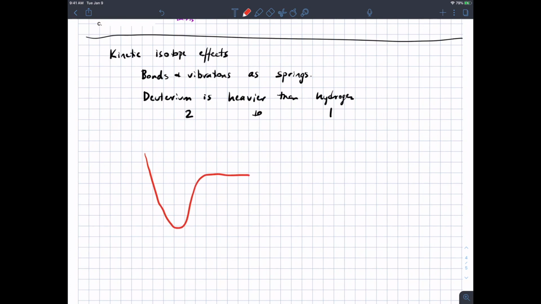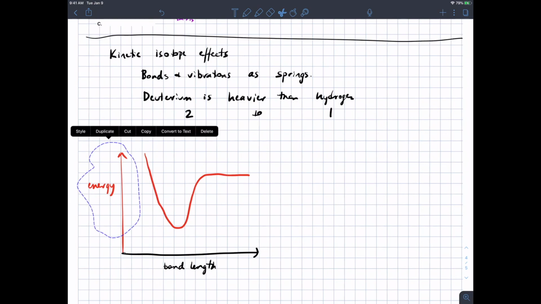This is a potential energy well. It's called a Morse potential diagram, but along this axis you've got energy, and along this axis you've got bond length. And this could be a CH bond or an HH bond. We won't worry about precisely what kind of bond it is. We'll be general at this stage.